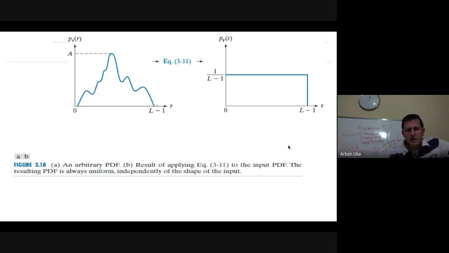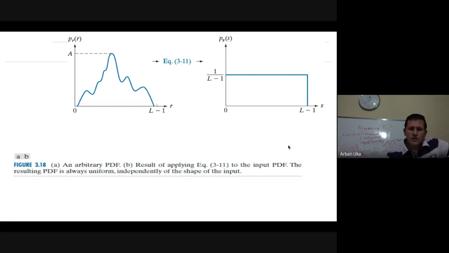And in this case, the highest value of A could be in the order of 0.3 or 30%. Adding up all of these percentages, it should give a probability equal to 1. So that makes it a PDF. In principle, the area is equal to 1.